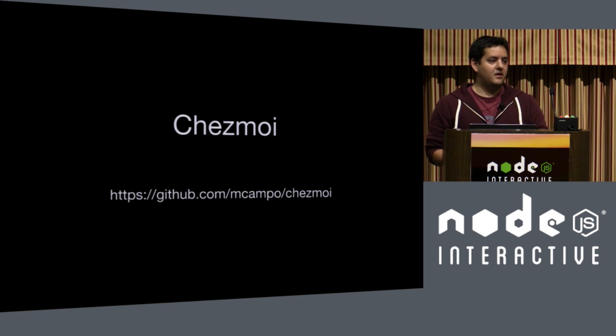So keeping in mind all the concepts and ideas I mentioned, I built a small proof of concept. It's called Chez Moi. It actually comes from French. It roughly translates to at home. It consists of a web app that you can deploy to the cloud. It has the code for the Raspberry Pi hub, and it has code also for a native Arduino device solution and another device controlled with Johnny 5.